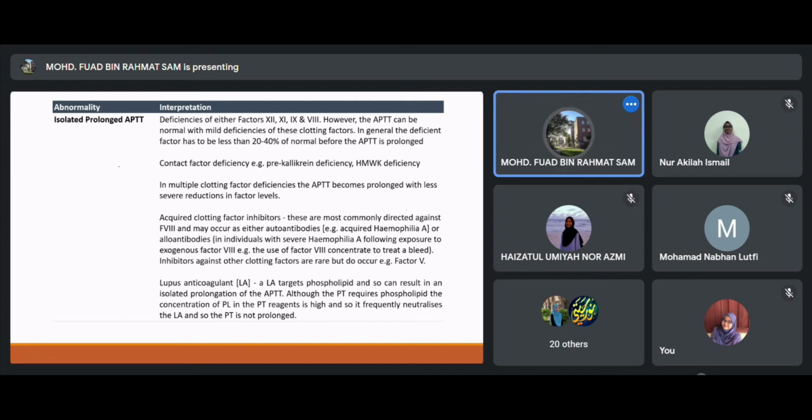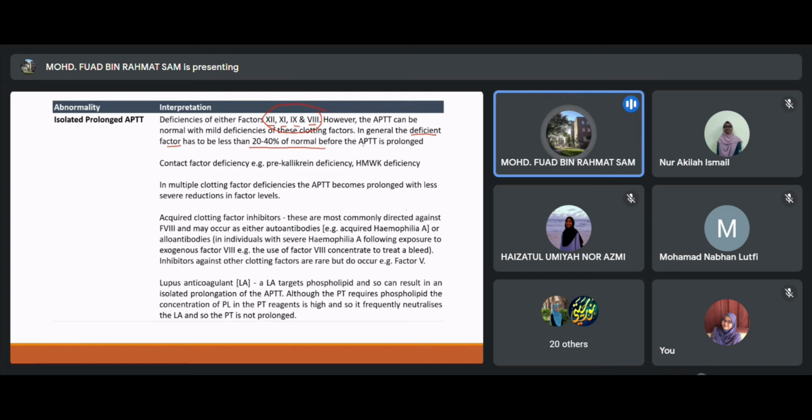Okay, the deficiency of either factor number 12, number 11, number 9, number 8, obviously because these 4 factors are in the intrinsic pathway. However, the APTT can be normal with mild deficiency of these clotting factors. In general, the deficient factor has to be less than 20 to 40% of normal before the APTT is prolonged.